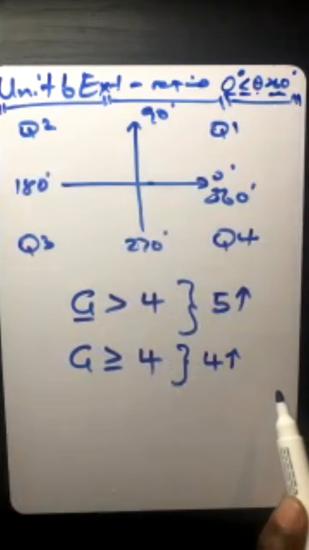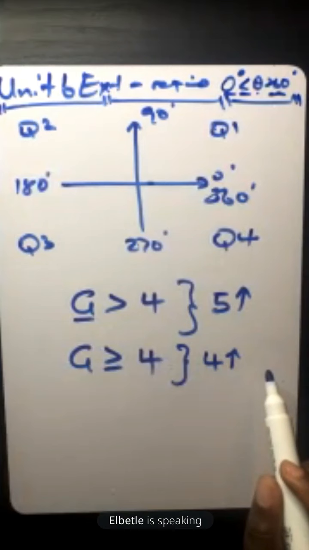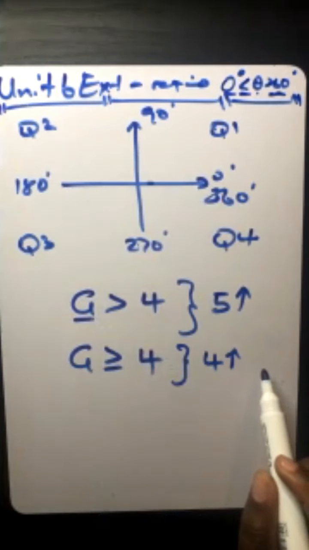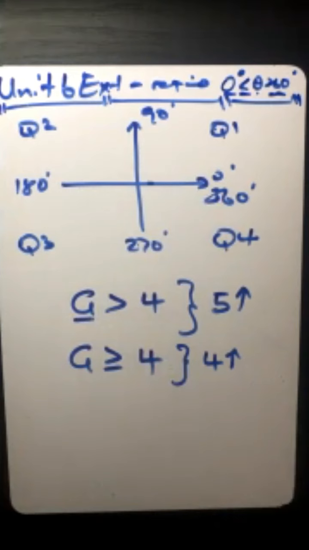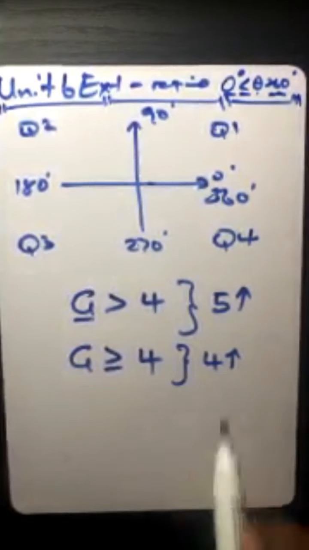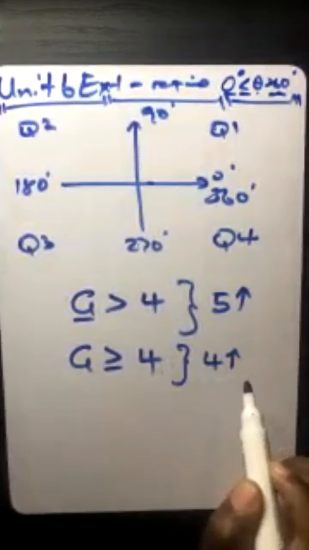Sorry, repeat that. I'm saying that G is greater than 4 is represent less. I think your line is breaking, Albie. Maybe unmute and try to say that again. I'm not getting exactly what you're saying. I hear you mentioned less than.